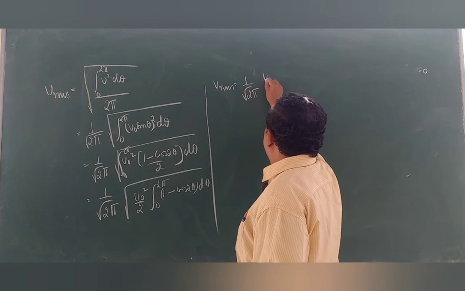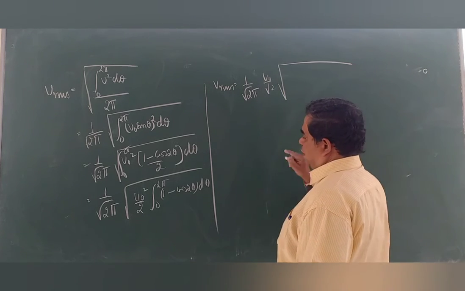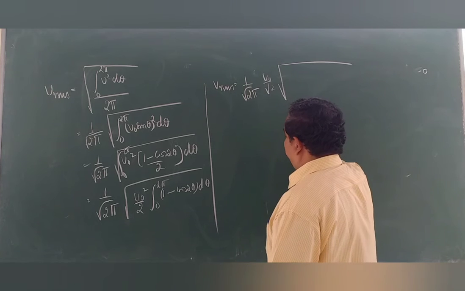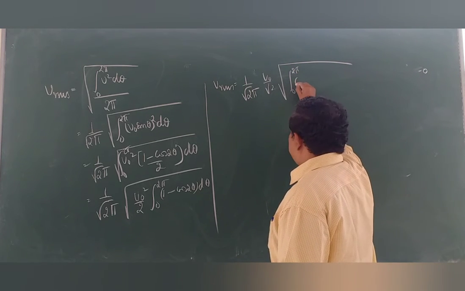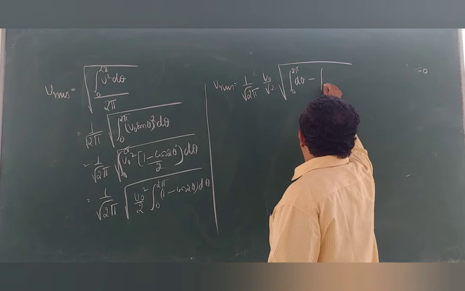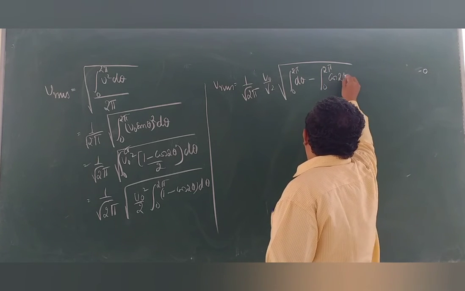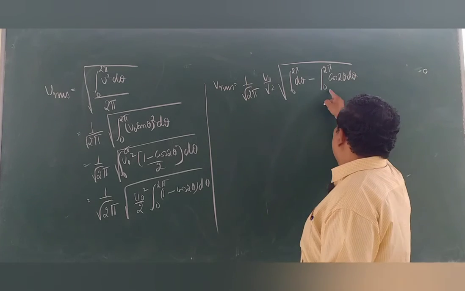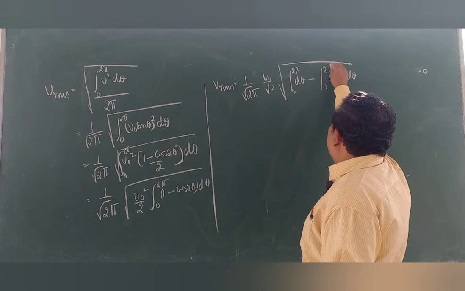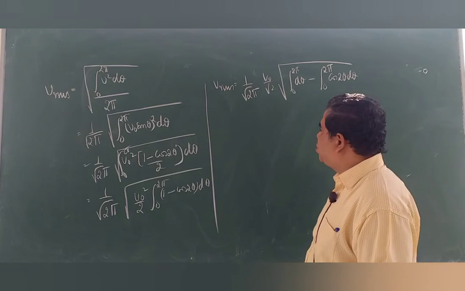We can take V naught by root 2, and inside the root, if we integrate this, we do one step extra there, minus integral from 0 to 2 pi of cos 2 theta d theta. Observe here, integral of cos 2 theta d theta over 0 to 2 pi is 0.